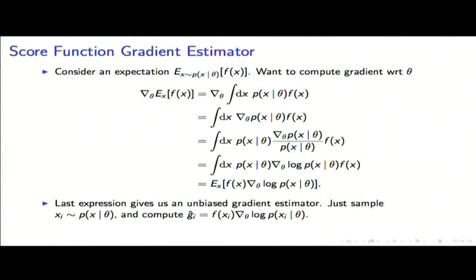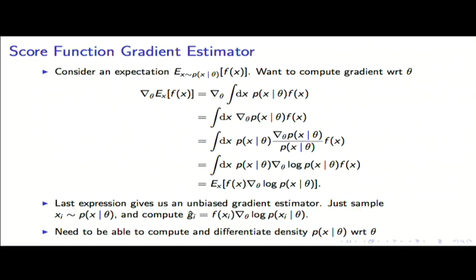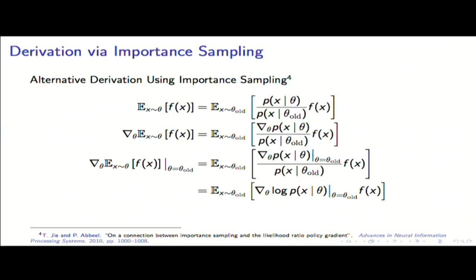OK, so our gradient estimator is this expression g hat, which is just f of our sample times the grad log probability. There's another nice derivation of this estimator that's worth being aware of. You can write down the importance sampling estimator for the expectation. Basically, the thing that makes this gradient a little tricky to compute is the fact that the parameter appears in a probability distribution.